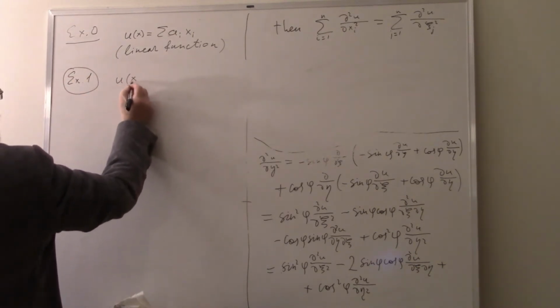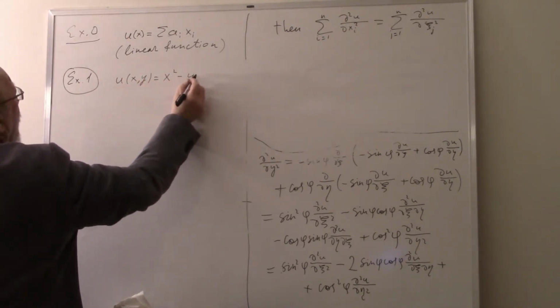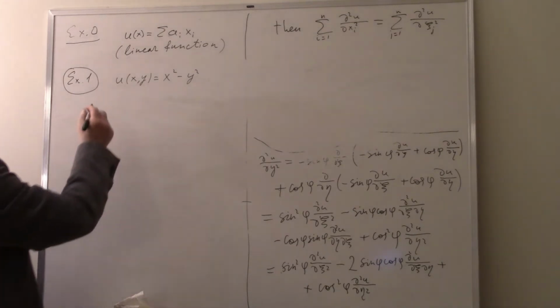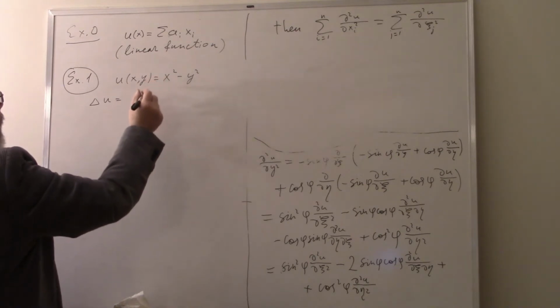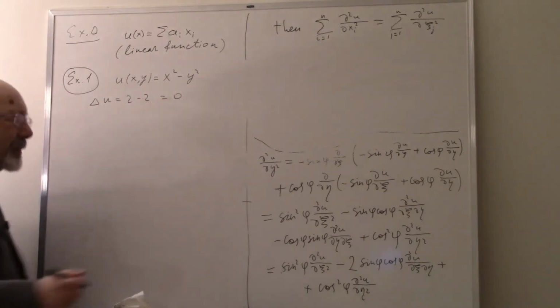u of xy equals x squared minus y squared. You can see that it is harmonic. Delta u equals second derivative is 2, second derivative minus 2, which is 0.